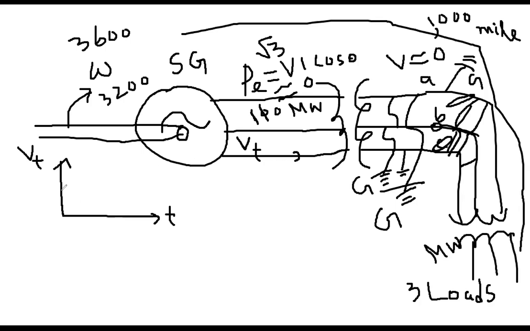So for example, the voltage was fine. Whatever the level is, 11 kV or much higher or much lower, the system was running fine. And at T1 time, suddenly a fault happened.